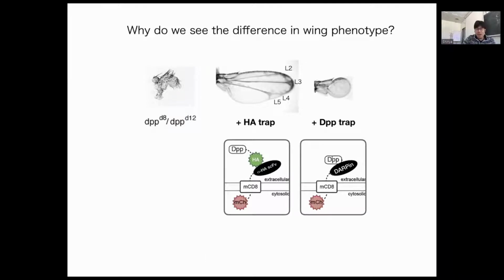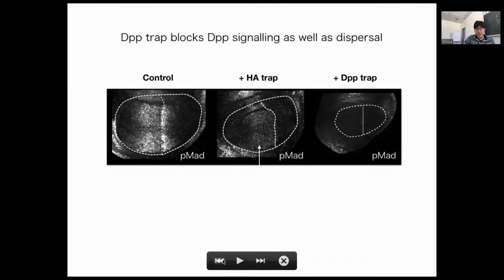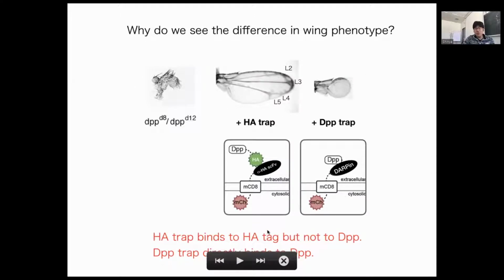So from the structure, from this scheme, you can start to develop the idea why you see the strong difference, especially since DARPin actually blocks dispersal less efficiently. So to check this, we can check whether the signaling activity is affected in both cases.